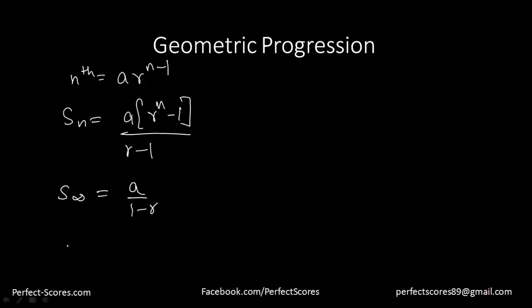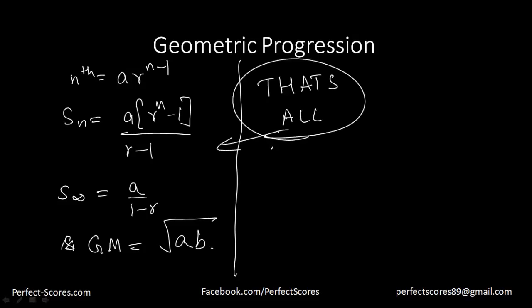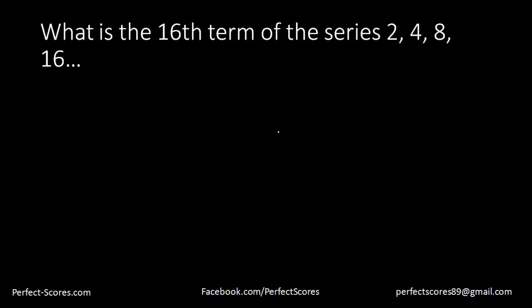And the geometric mean of any two numbers is the square root of a into b. That's all you need to know when it comes to geometric progression. So let's go ahead and solve some questions on this, so that we understand what we've just learned here. So general term, geometric mean, that's that.